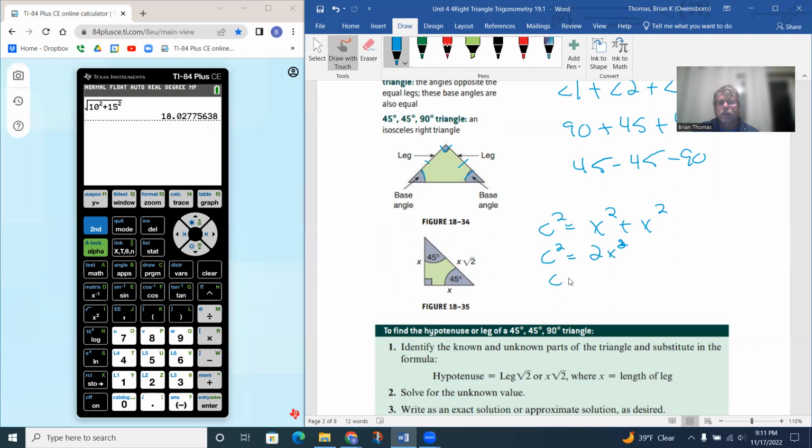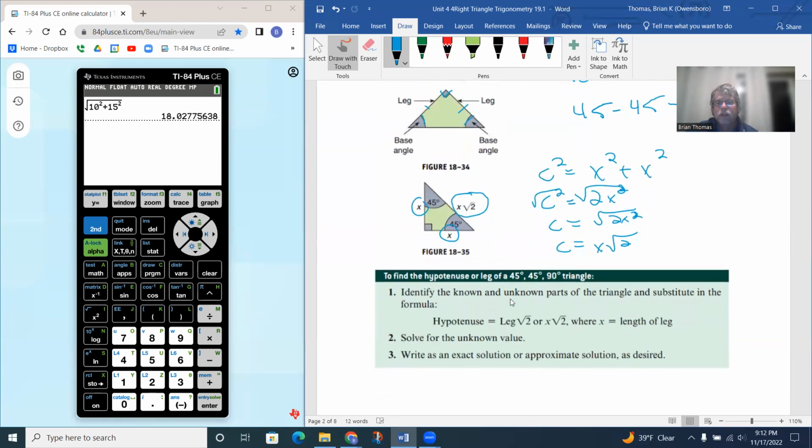In other words, if we take the square root of each side, c would equal the square root of 2x squared. Notice how there are two x's, they have to come out as an x, and we have the square root of 2. So in a 45, 45, 90-degree triangle, the legs will be equal, and the hypotenuse is going to be the leg times radical 2, the square root of 2.